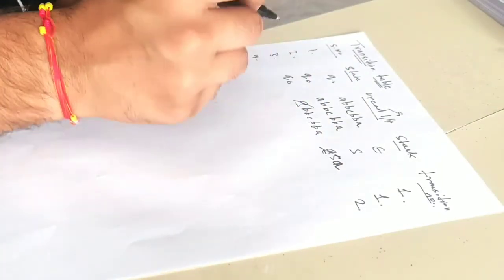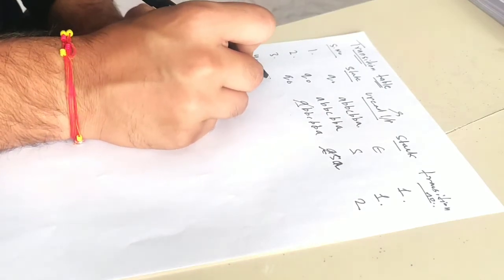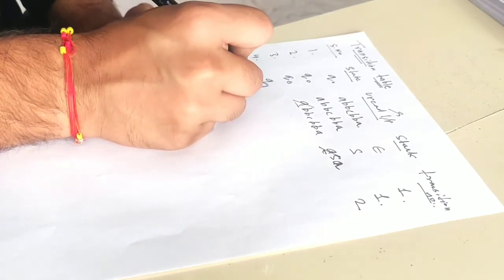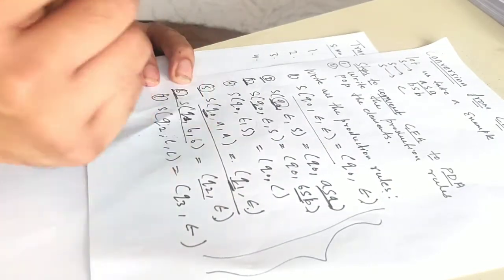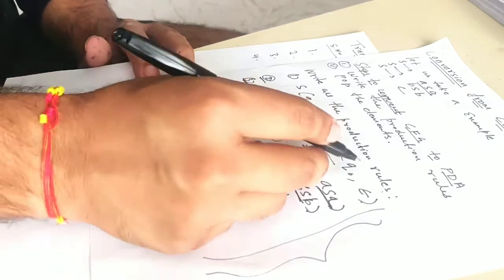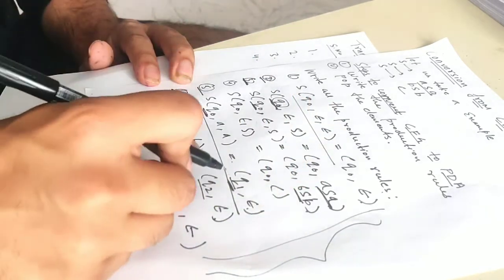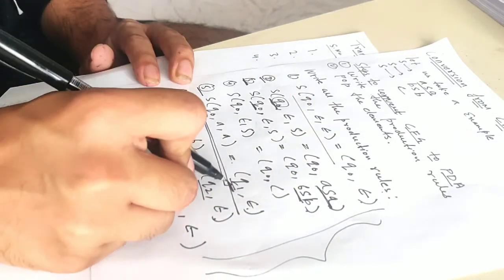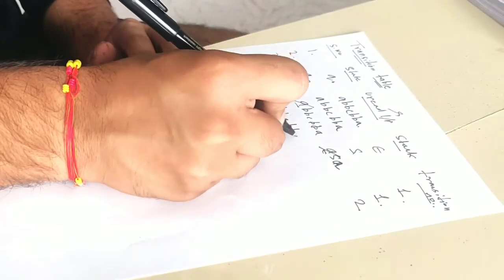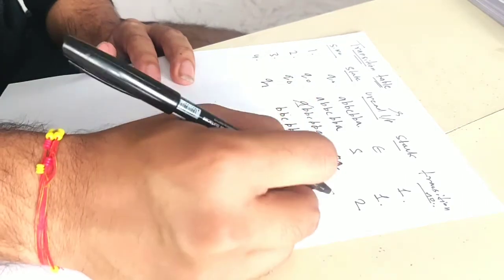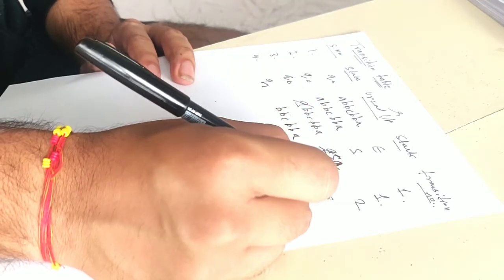Now it is 4, and the state changes from Q0 to Q1. Earlier the state was Q0, and we are popping with the help of rule number 5, so the state changes from Q0 to Q1, and the transition from 2 to 5.